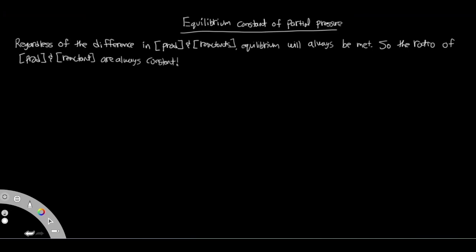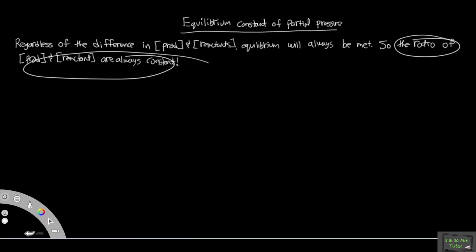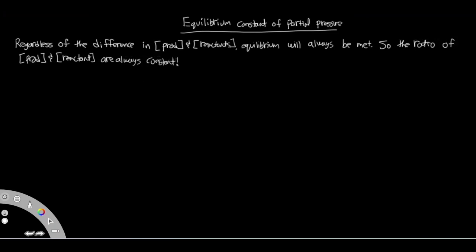And hopefully you remembered in the previous videos for equilibrium constant and equilibrium constant expressions that this is the definition of what equilibrium constant is. It's the ratio of product concentration and the reactant concentrations. So this would make sense because they're always constant, so this is also what we sometimes refer to as KQ.